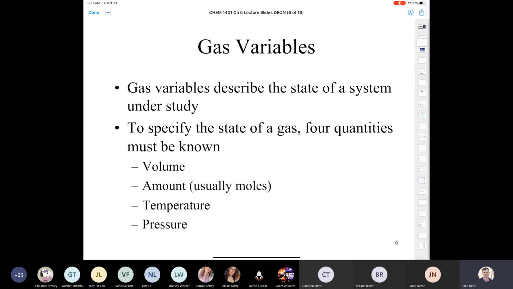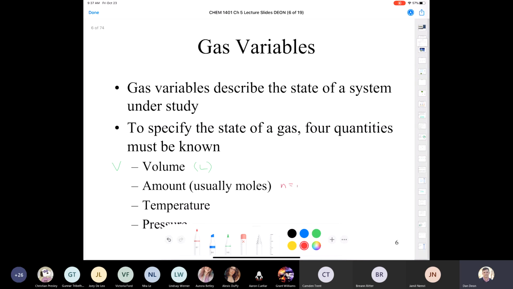Now, in order for us to be able to study gases, we have to have variables, right? In order for us to use science in general, we need variables to describe the state of a system. And so the variables that we're going to use to describe the state of a gas are volume, and we use the symbol V for volume. And volume is usually measured in liters. We're also going to use amount, and the symbol that we use for the amount when we use moles is n.